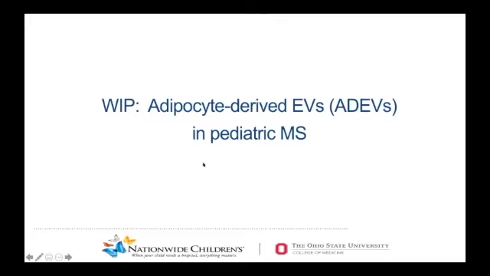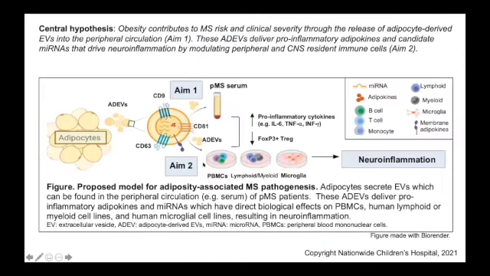So lastly here for works in progress, I was fortunate enough to get a grant to do this study. And so again, the central hypothesis is that obesity contributes to MS risk and clinical severity through the release of adipose derived EVs into the peripheral circulation, and that these EVs deliver pro-inflammatory adipokines and candidate microRNAs that drive neuroinflammation by modulating the peripheral and CNS resident immune cells.